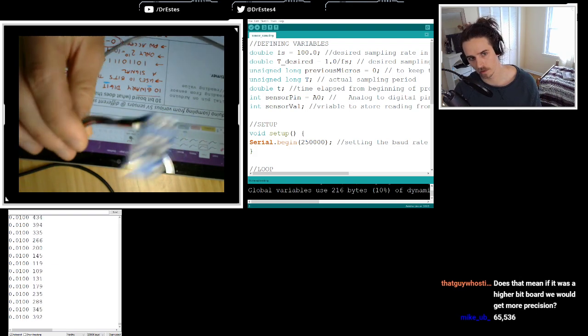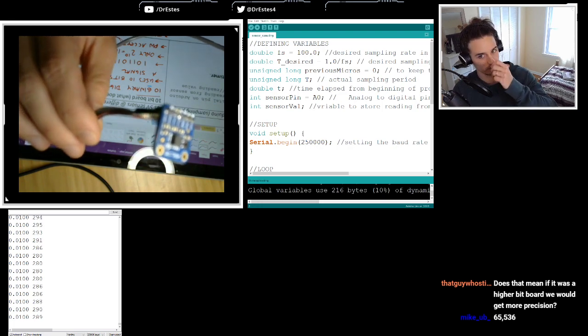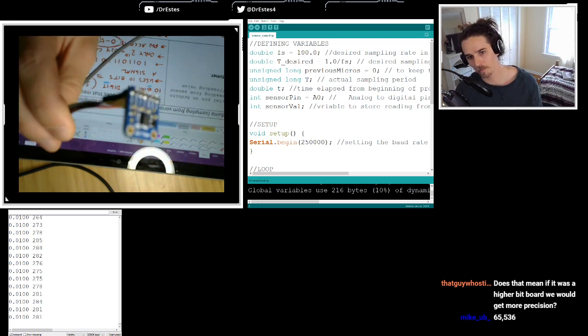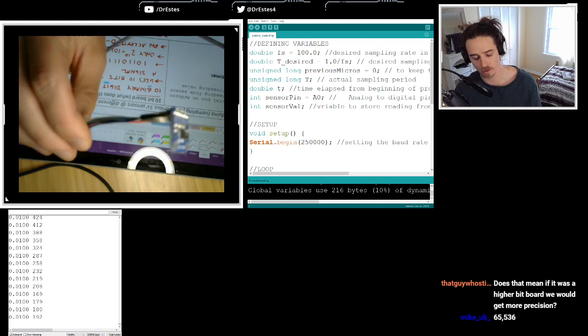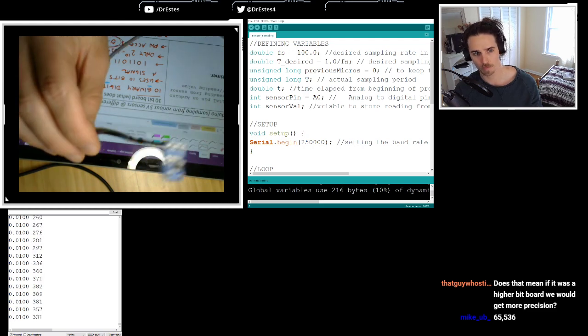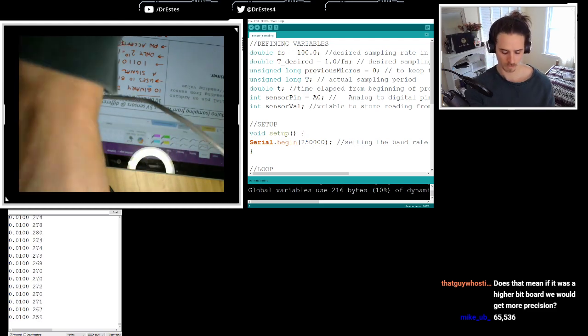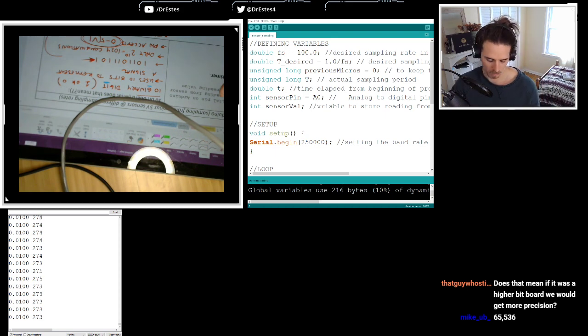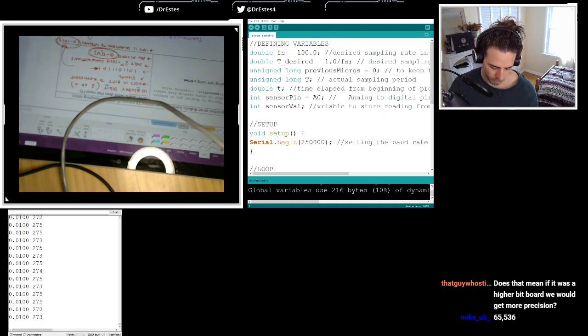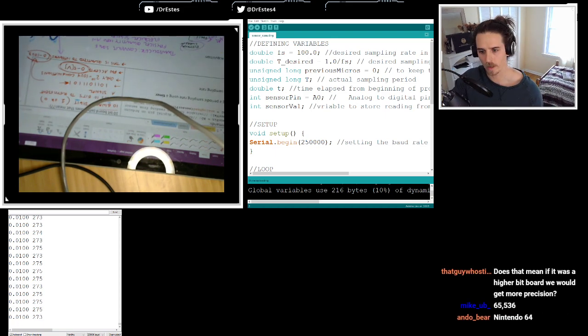Okay. So yeah, it's much, much higher resolution, much more precision. Let's see here. Oh, right. I wanted to tell you, yeah, Nintendo 64. What does the 64 stand for? 64-bit.